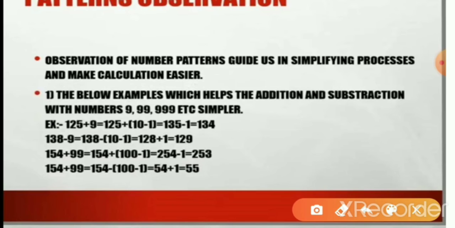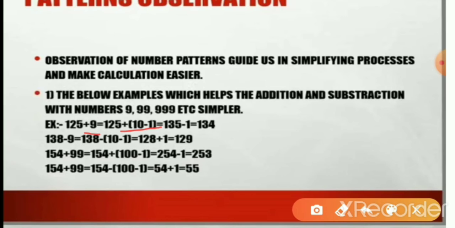Here we have to add 125 with 9. To make it simple, we can write 9 as 10 minus 1. So 10 minus 1 is 9. Instead of writing 9, we have written 10 minus 1.